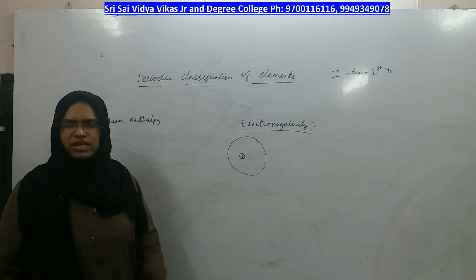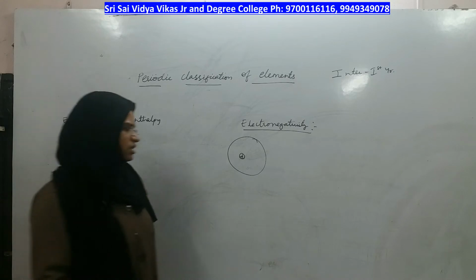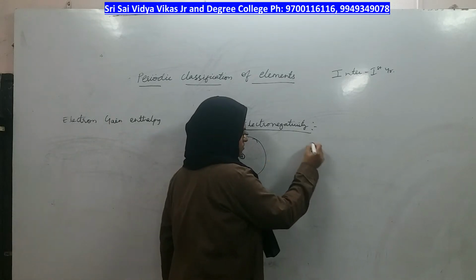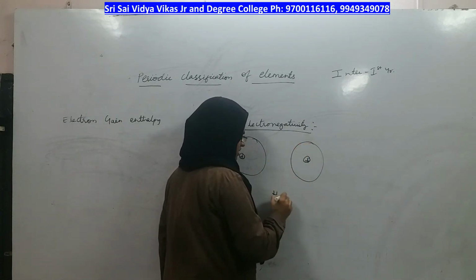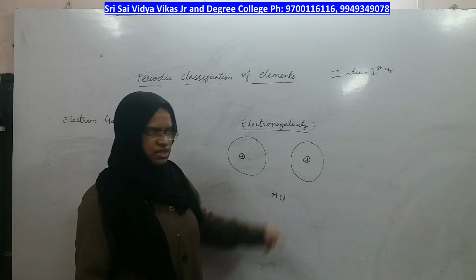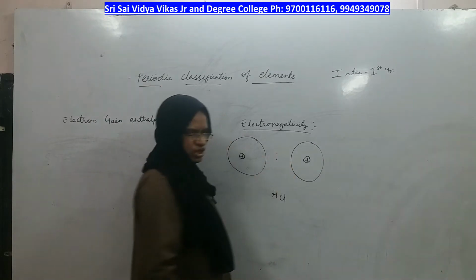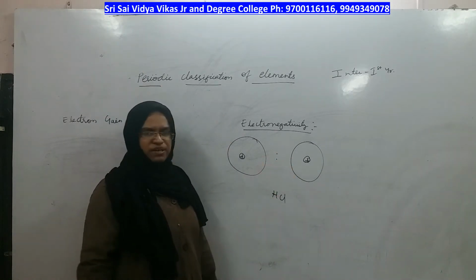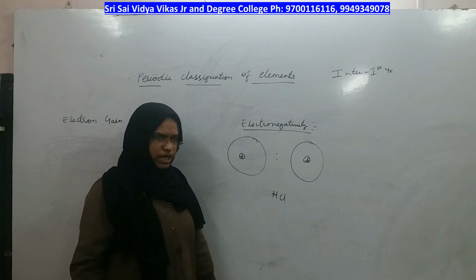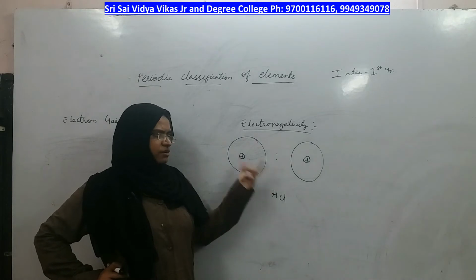Whenever you want to make any molecule, you need a combination of two atoms. Suppose you made an HCl molecule, in which one is a hydrogen atom and the other is a chlorine atom. Both of them gave one electron, and this electron pair is nothing but a bond, and that electron pair should be equally shared by both.